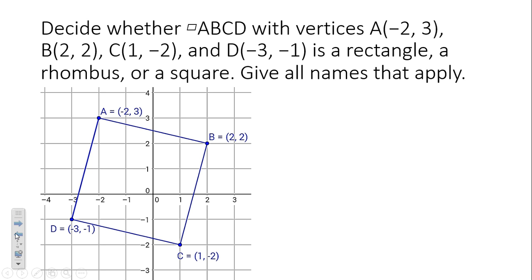But how can I find out if this is a right angle or not? I heard someone say the magic word. Slope. What do we know about right angles and slope?